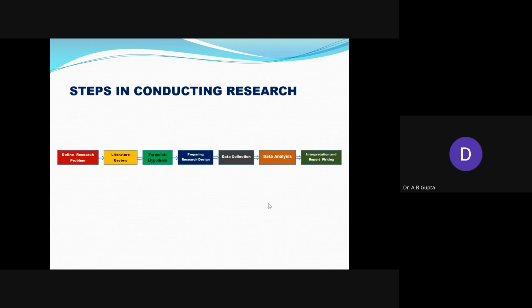So these are the, you can say, 7 steps which you will be following, and that is how you will be conducting the research. So let me repeat all those steps.